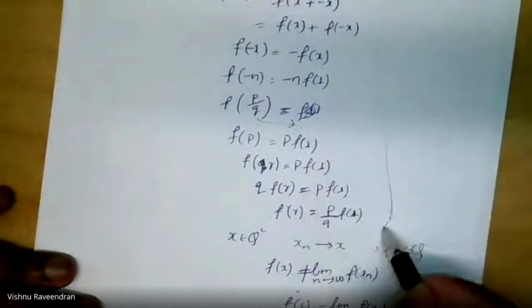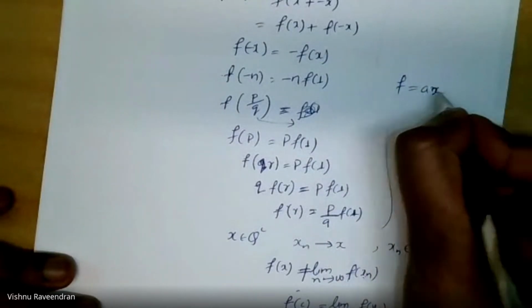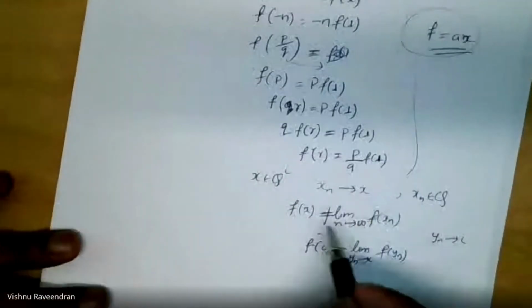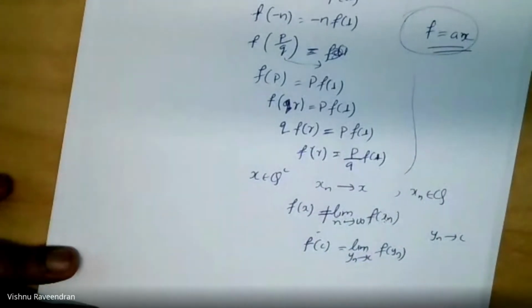We can use this to prove that f has the form a into x, but before that we need to show f is continuous, because then everything will follow by what you're saying.